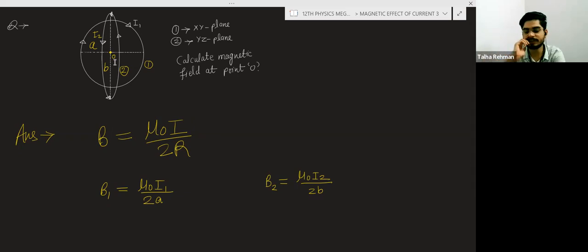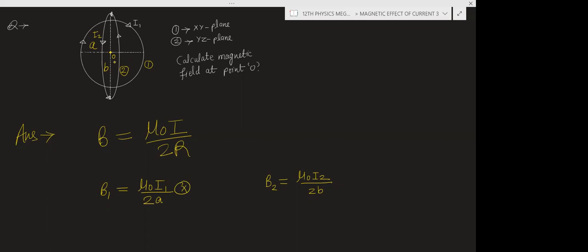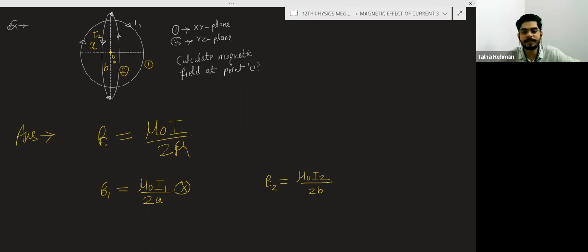Away from you means negative z axis, or you can say inwards, right? Yes, sir. If you are not getting it, then please tell me. This is so simple.